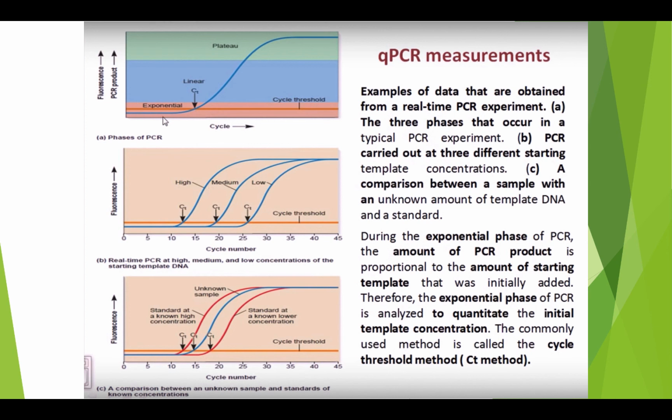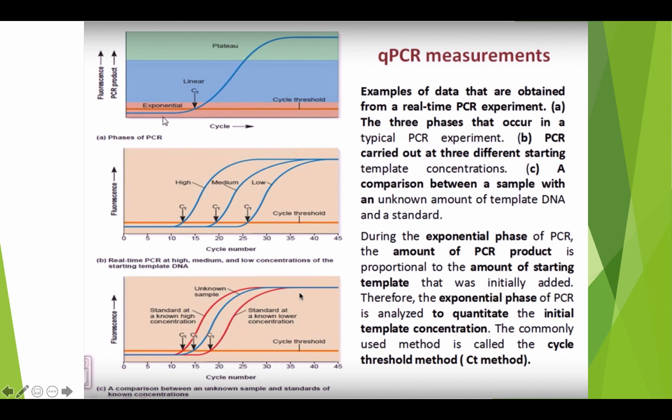There is really nothing new on this slide that we just added, which is starting from 1 to 2, 4, 8, whatever, but different from 100, 200, which is basically the starting template. One maybe small thing is this comparison between a sample with an unknown amount of template DNA and a standard.